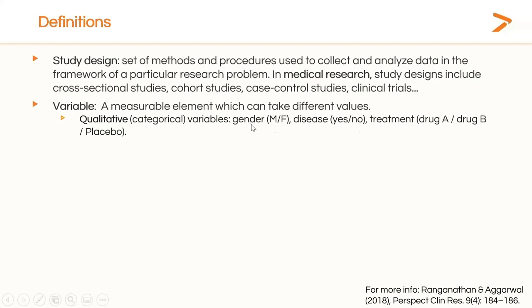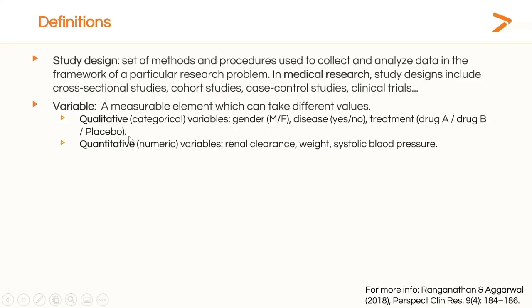These include the gender, for instance, presence or absence of a disease in a patient, the treatment administered to a patient, drug A, drug B, or placebo. Variables also include quantitative or numeric variables, such as renal clearance, weight, systolic blood pressure. These variables, you can express them in quantitative scales, numeric scales.